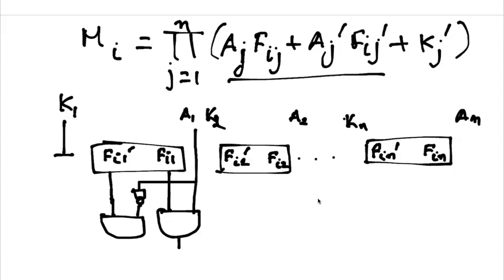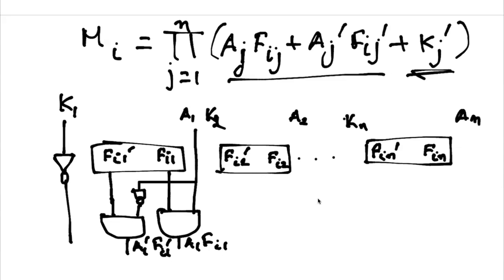So here I have A1, Fi1, and here I have A1 dash, Fi1 dash. Then what do I need? I need Kj dash. So Kj is here, and Kj dash is coming from here.